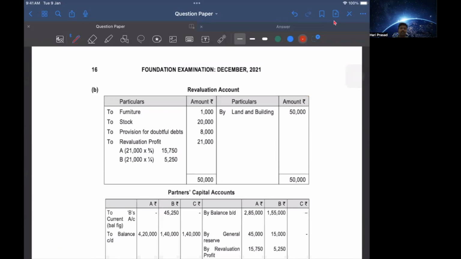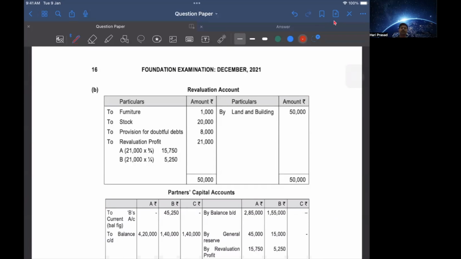What is a revaluation account? When the assets and liabilities of the firm are revalued, their value is changed. It might be increased or decreased, but if their value is changed, we have to draw up a revaluation account.